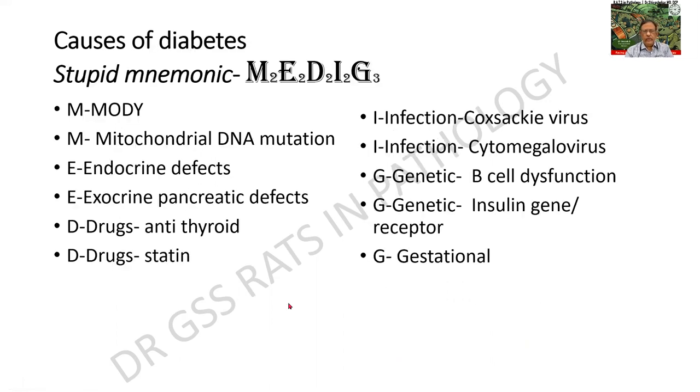So I have just provided you with a stupid mnemonic, MEDIC, and the number is given below. All are true, last one G is 3. Let us see what is there on the screen.